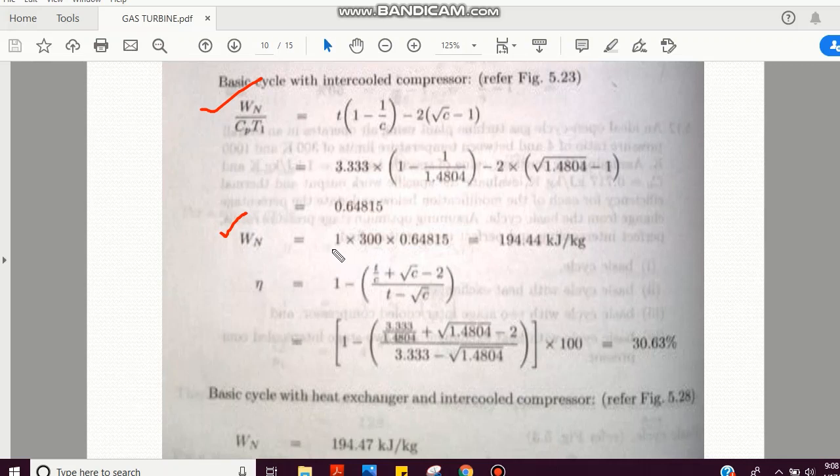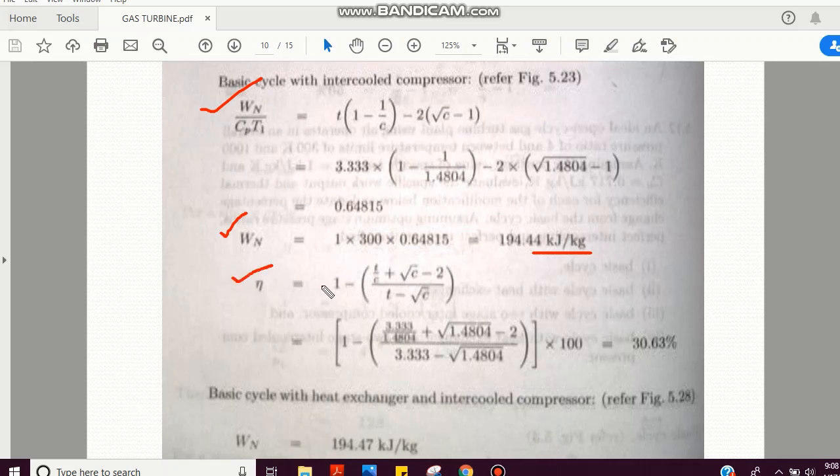By multiplying the specific work output with Cp into T1, we get the net work output, 194.44 kilojoule per kg, for the basic cycle with intercooled compressor.